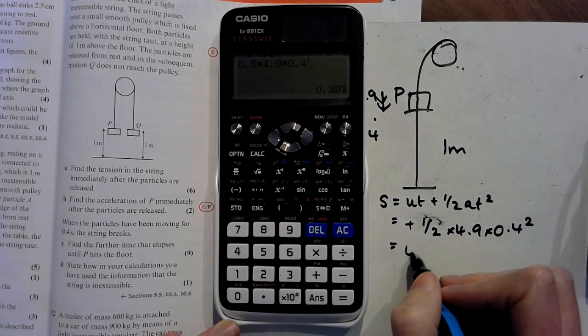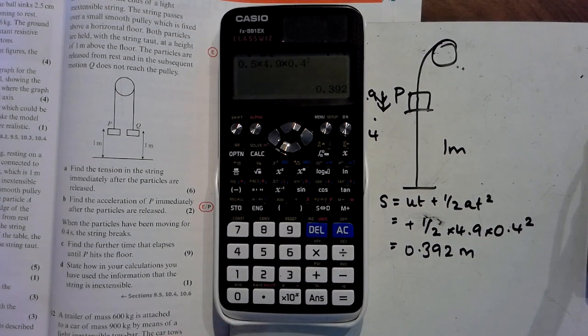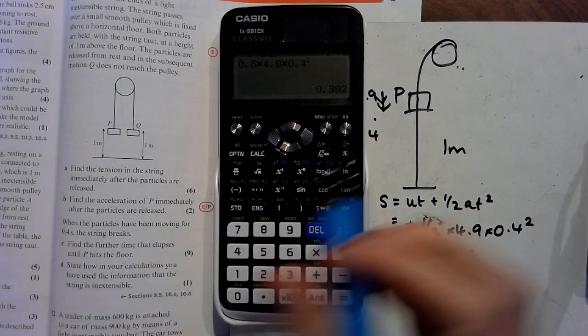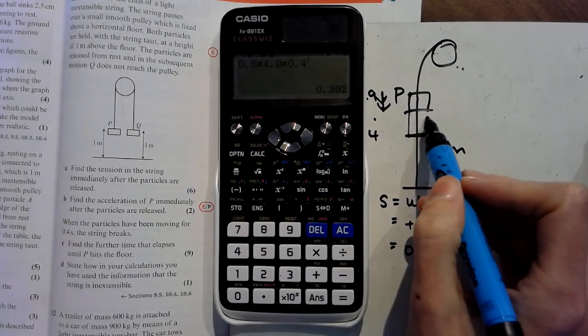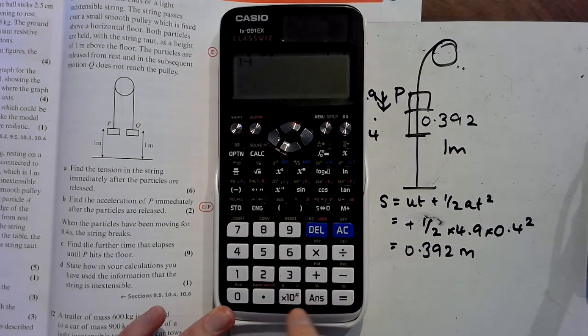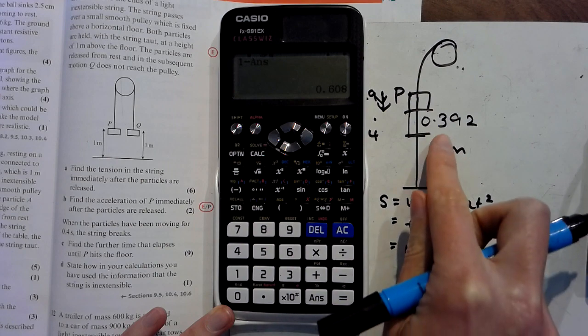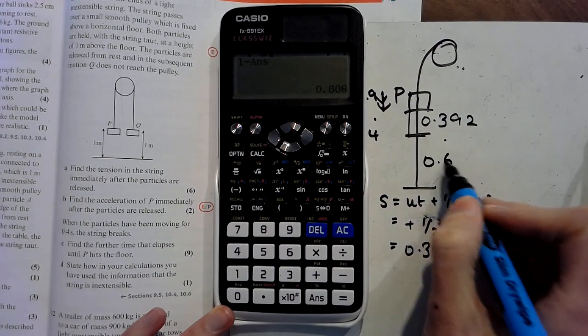So that's 0.392. So that's how far it fell in 0.4 seconds. To find out how far it's got left to fall, I'm going to take that away from 1. So that's 0.608 meters left to go.